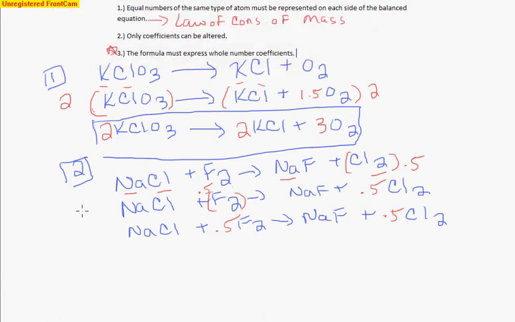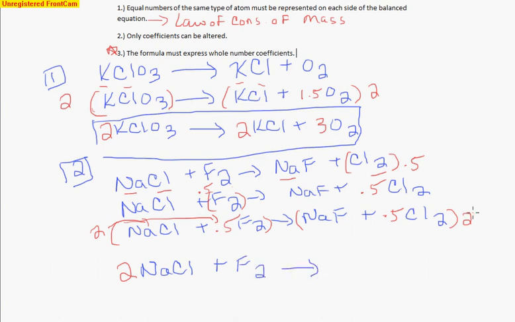If I were to do that, put a coefficient of 2 here, and I multiply both sides by 2. Remember, I have to distribute this 2 to each one of the separate compounds. So now I would get 2 NaCl. I'm trying to do this in different colors so you know what the coefficients are. 2 times 0.5 F2, that's just going to be 1 F2, and because the 1 is implied, we don't really have to write it.